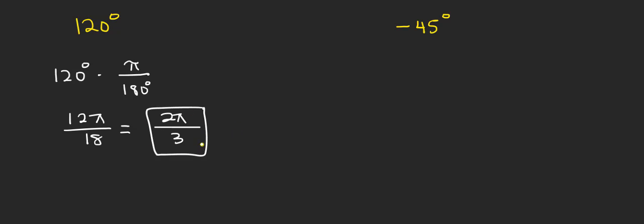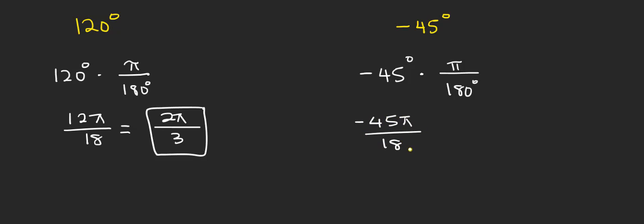This is good enough. What about negative 45 degrees? Again, this is in degrees, so if you want to change it to radians, you multiply by pi over 180 degrees, and you get negative 45 pi over 180, which is the same thing as negative 5 pi over 20, and you could reduce further to negative pi over 4.